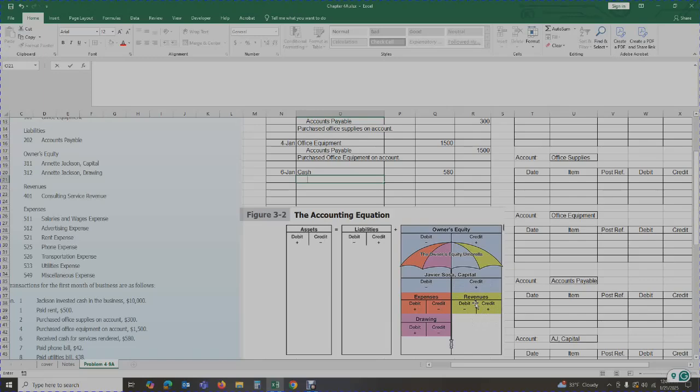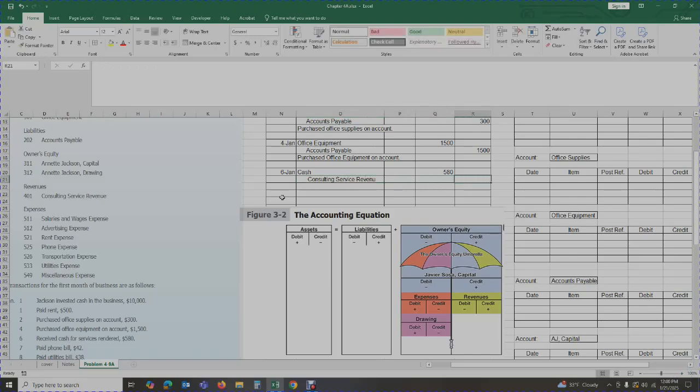So my revenues are increasing, and your revenues increase with a credit. We only have one revenue account, called consulting service revenue.